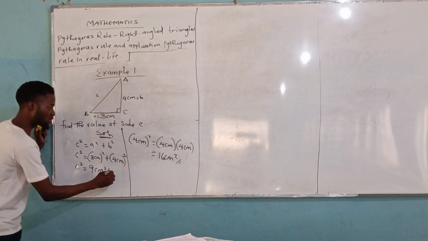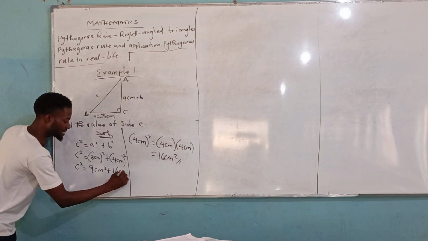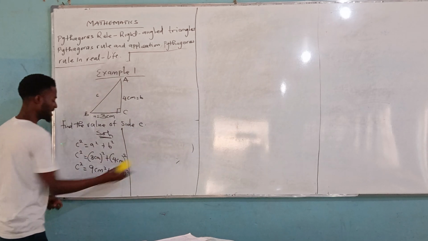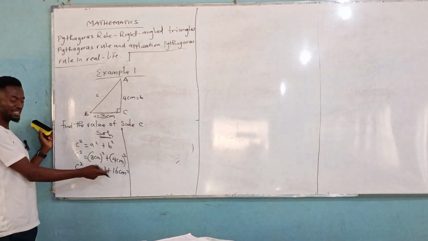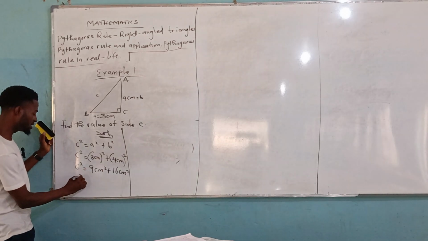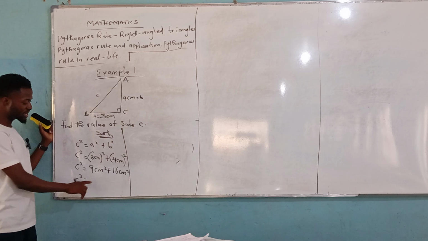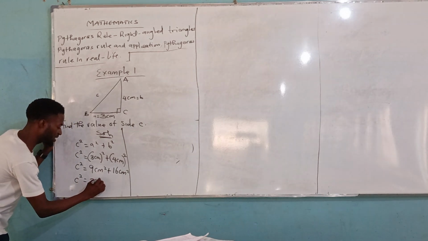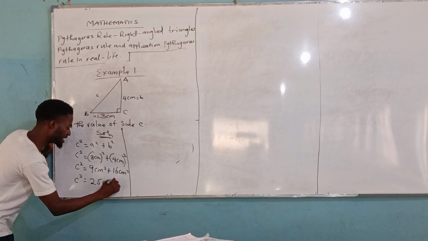So we now have 16 centimeter square. From here, it's addition, and they are like terms, both in centimeter. So c square is equal to, if you add this plus this, you're having 25 centimeter square.